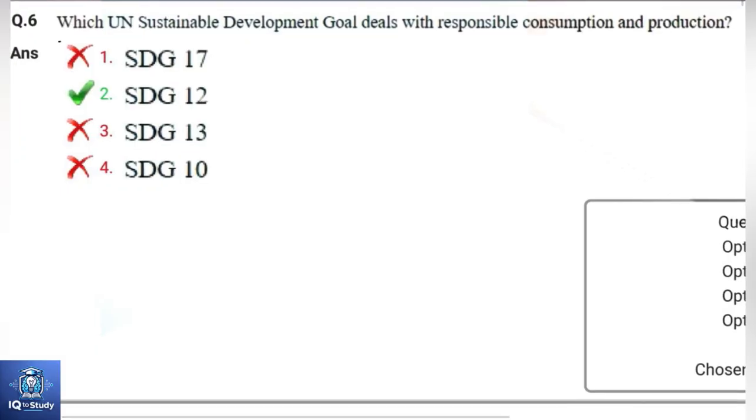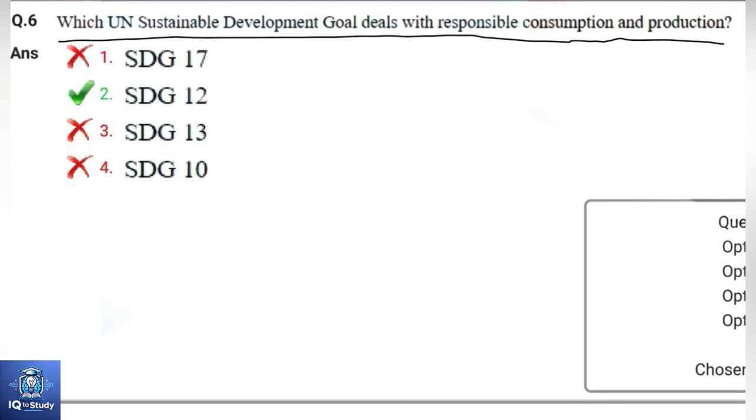Which UN Sustainable Development Goal deals with responsible consumption and production? SDG 12. Here SDG means Sustainable Development Goals. SDG 17 deals with partnerships to achieve the goal.